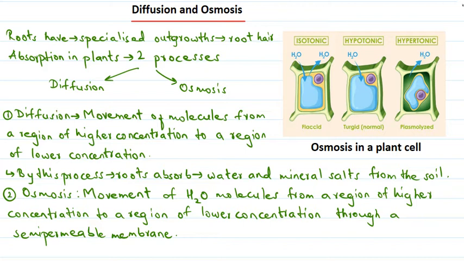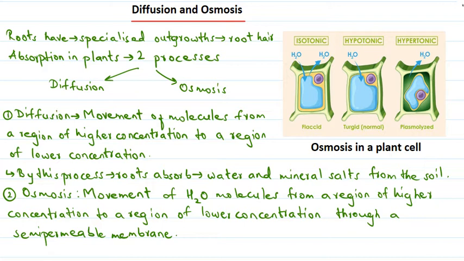Water is absorbed by plants from roots through the semi-permeable membrane present on the root hair cells. That membrane allows water movement from higher concentration present in the soil to lower concentration into the root hair cells. This movement leads to osmosis of water.